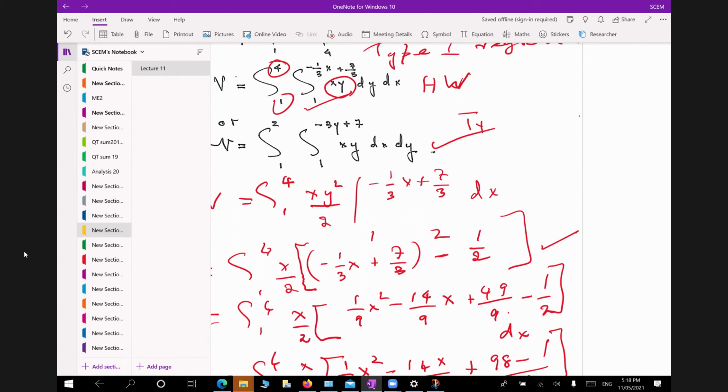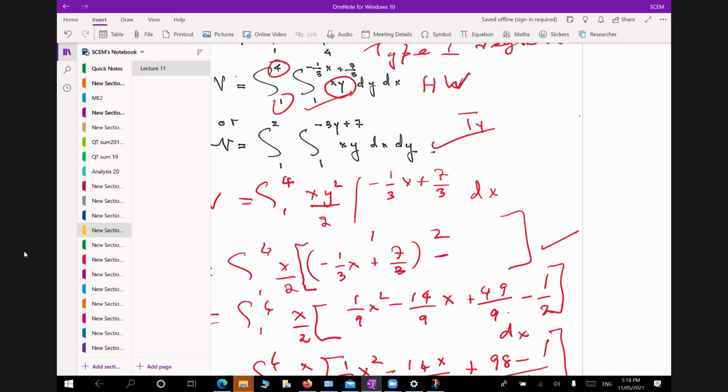So when I substituted 1 here, you're right. If I substitute 1 here, how much will I get if I put 1 in here? I have x by 2, y squared by 2, so the top is correct.